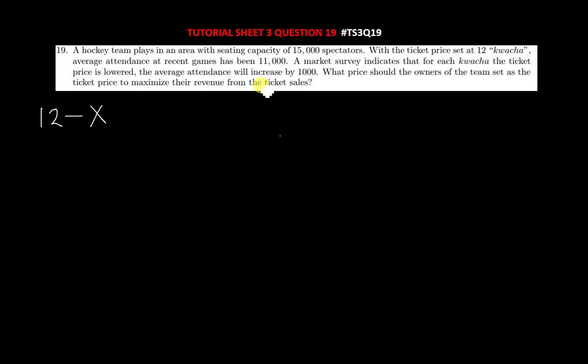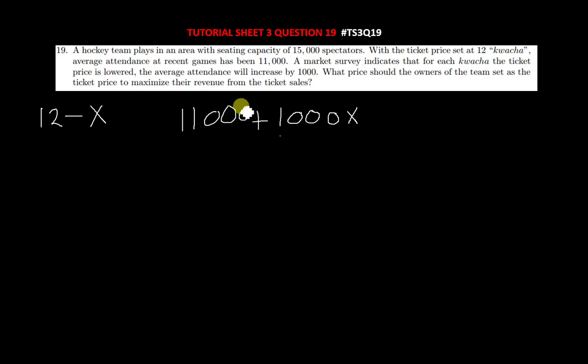The ticket price that we've been told is 12, and x is the reduction there. And then the average attendance increases by 1,000 for every lowered ticket price. So we know that with the ticket price set at 12 kwacha, the average attendance at recent games has been 11,000. So this one is just going to be added to that.